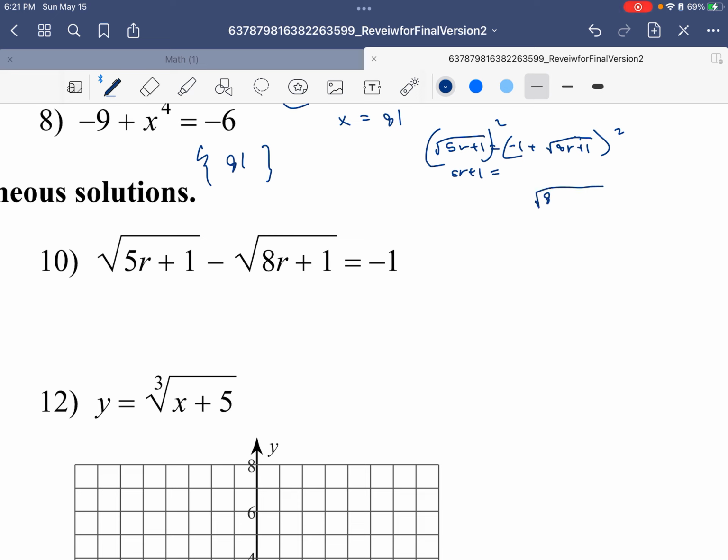So square root of r plus 1 minus 1. Okay, so I'm just rewriting this part to be that, so it's a little more clear for when we use our formula.